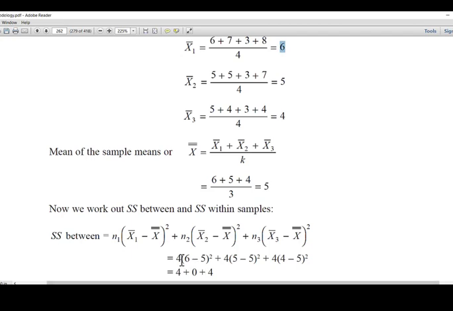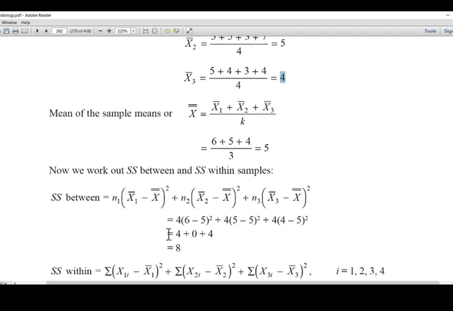So 4 into 6 minus 5 whole square plus n2 is again 4 and x2 bar is 5, minus x double bar 5 whole square plus n3, which is also 4, and x3 bar is 4 and x double bar is 5. So we have calculated SS between as 8.